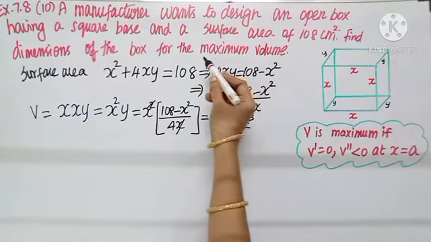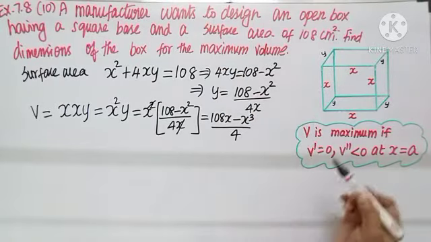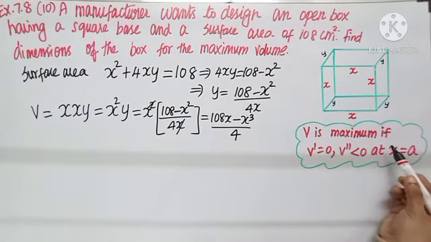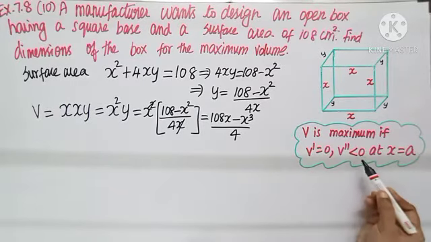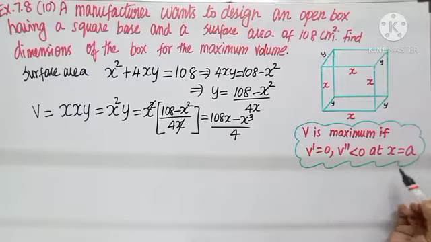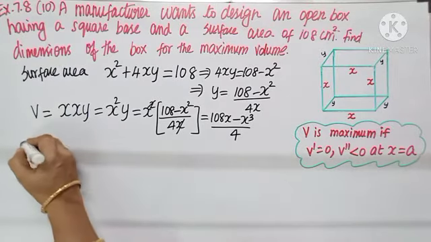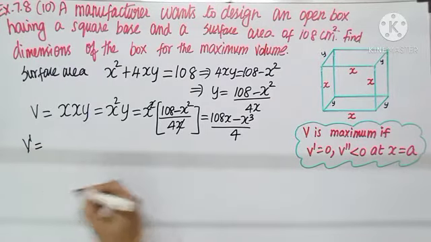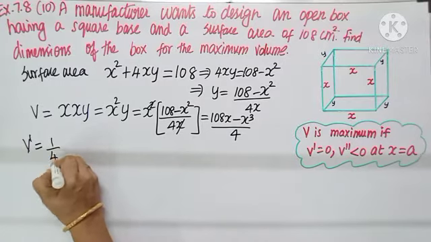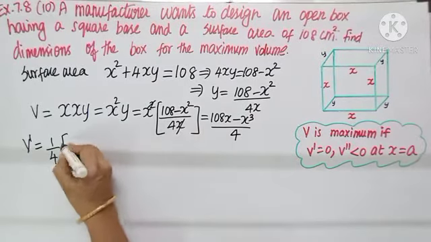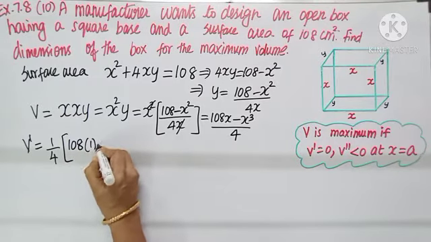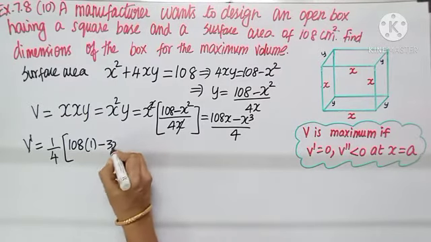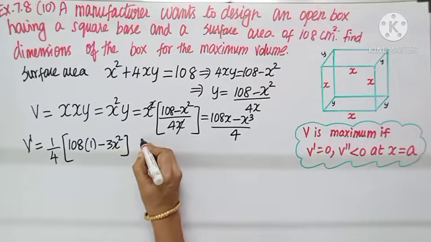Now the question is maximum volume. V is maximum if V dash equals 0 and V double dash less than 0 at x equal to a. Find out V dash. 1 by 4 will come out. 108x becomes 108. X becomes 1. X cube becomes 3x square.